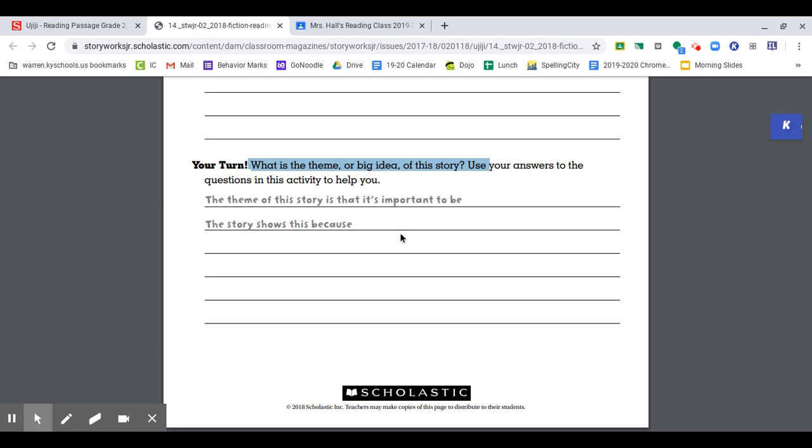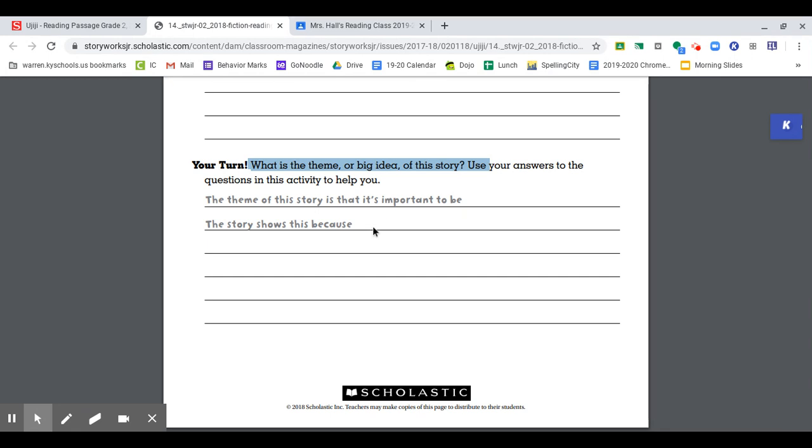The theme of the story is that it's important to be, and then you just fill in the blank there. And I'd like for you to think of maybe 2 lessons or 2 themes of this story that we should take away, or what did Kafaru learn in this story?